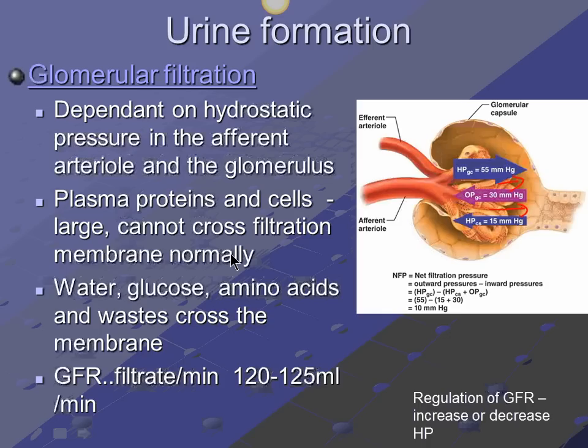However, smaller substances and water, which always passes through fluid membranes very easily, so water, glucose, amino acids and waste, they cross through the membrane quite easily and get into this space. And the rate at which filtration occurs, this is known as glomerular filtration rate. And this is about 120 to 125 ml per minute.